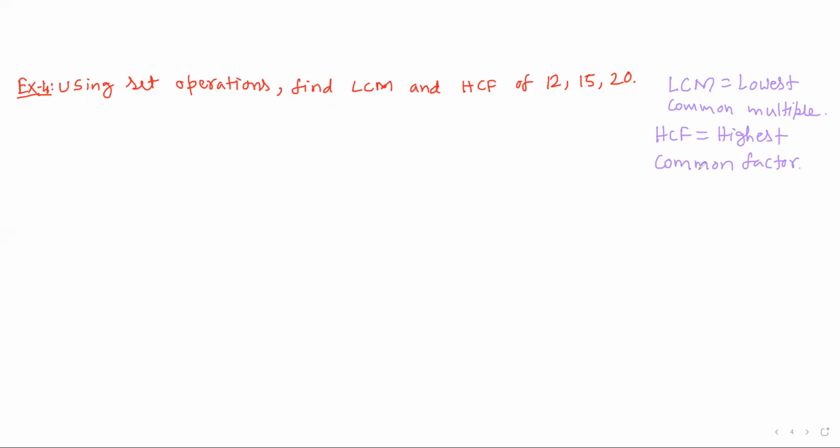And HCF means first we have to find out the factors of 12, 15 and 20. Then we have to calculate the common factor. Then from that common factor, we have to find out the highest value. Now, first I will discuss how you will calculate the LCM. So for the LCM, we need to calculate the multiple of 12, 15 and 20.